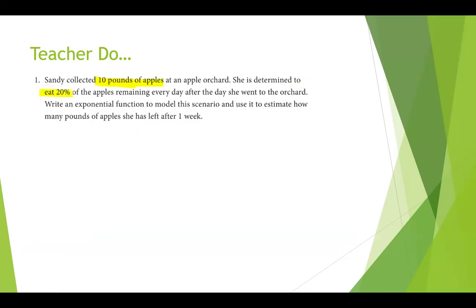So she's eating 20%. All right. So let's go through the process of what we have to do first. First, we're identifying our initial. So step 1 is what is your initial? And our initial is 10 pounds. Your initial is your A, correct?